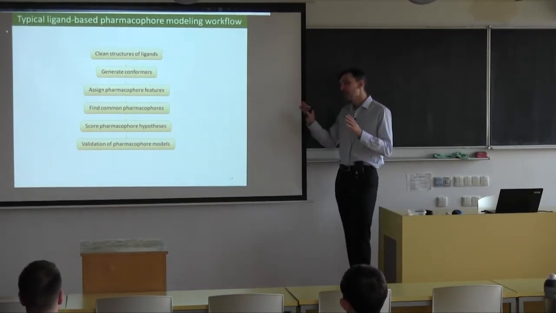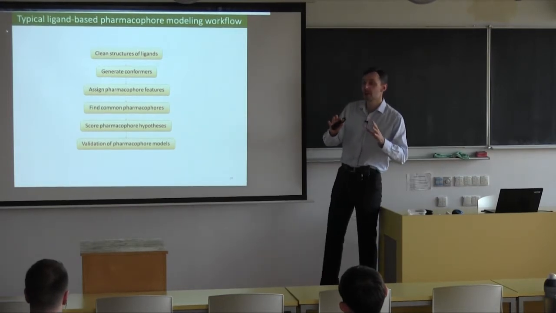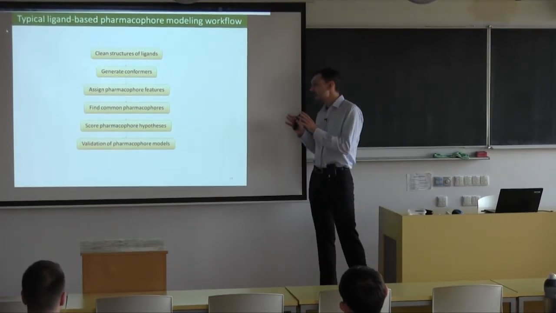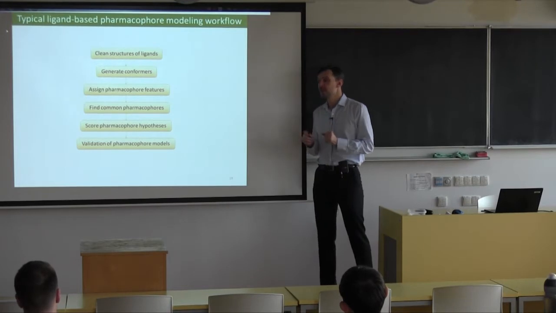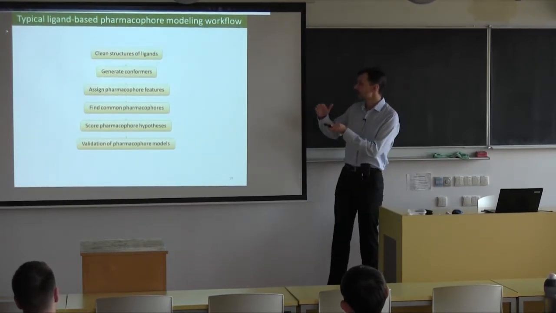If you don't have a structure of a complex, just the structures of your ligands, the task is a little bit more difficult. You start with a list of active compounds, active ligands.